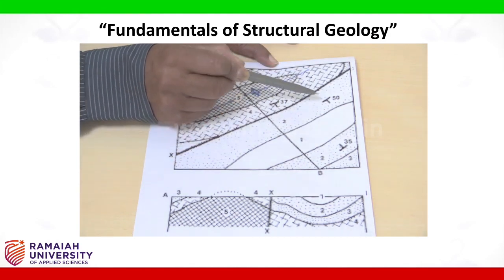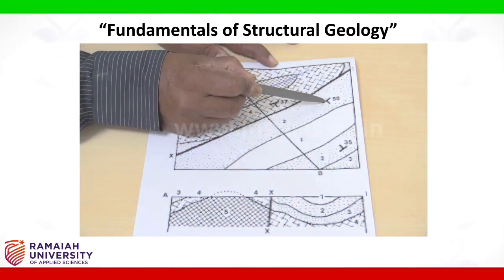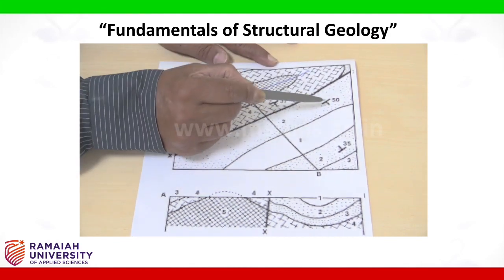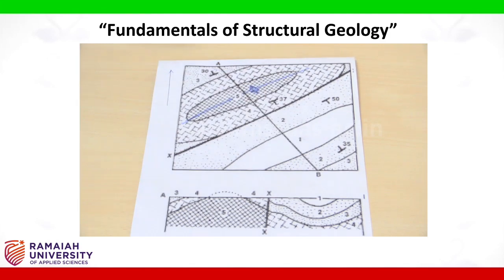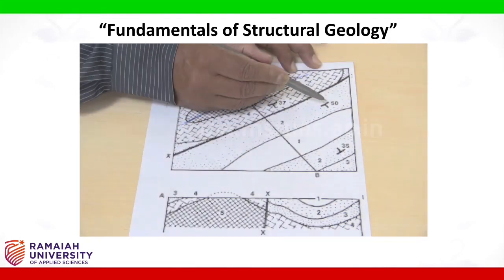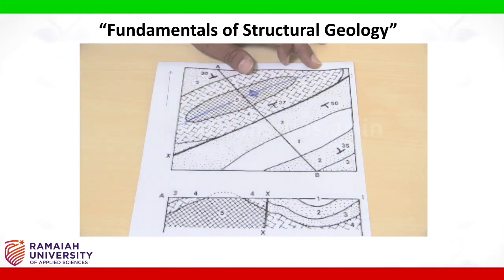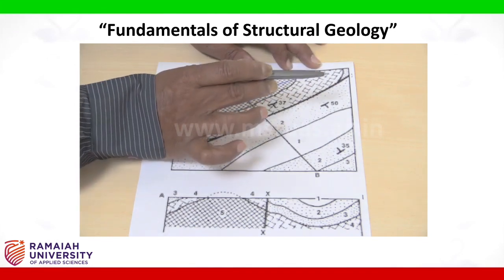One is the slightly longer line, and another one is a shorter segment perpendicular to that one. So this represents, as I told you, the strike and dip of the individual rock types. The longer segment is the strike, and the shorter segment perpendicular to the longer segment is the dip. They have a direction and amount.